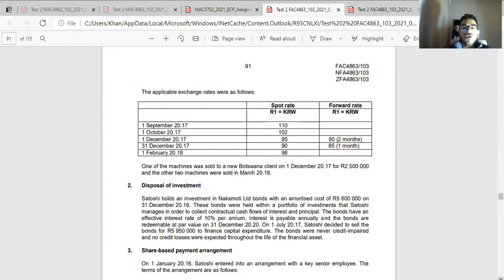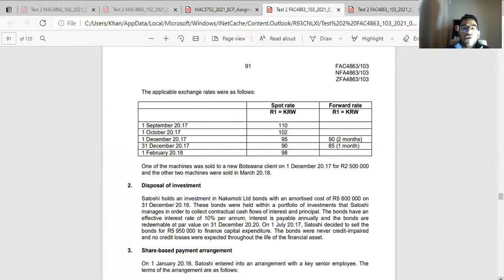Why? Because two of the machines were settled. So therefore, we have to remeasure the liability at 1 December 2017. On 31 December, we're also going to use that date. Why? Because one of the payables is still outstanding at that date.